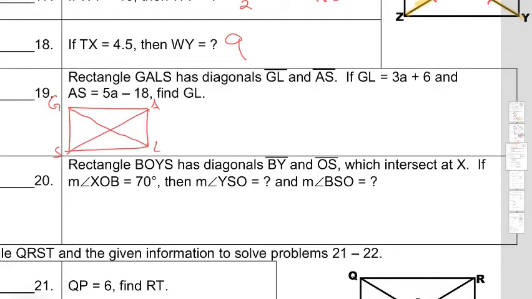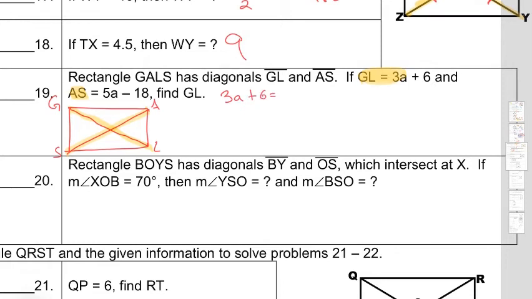They're telling you if GL is 3A plus 6 and AS is 5A minus 18, find GL. So if you notice, the two pieces of information, GL and AS, both represent your diagonals. And since we know diagonals are congruent, that's exactly what we're going to do. We're going to set those two expressions equal to each other and solve for A to begin with.